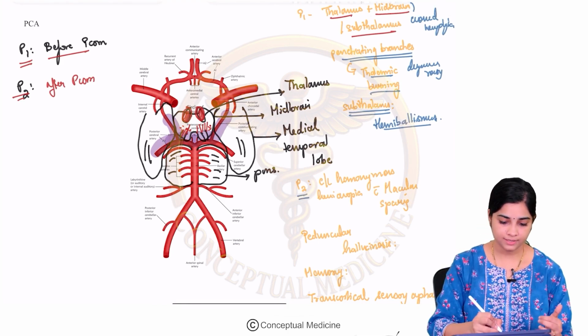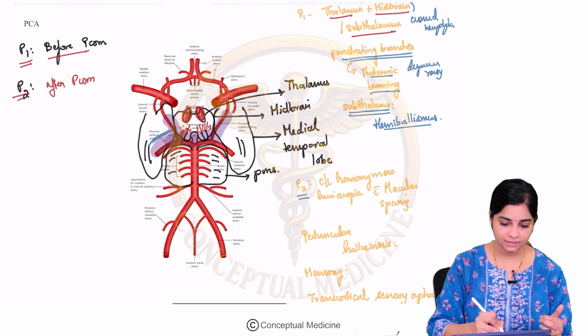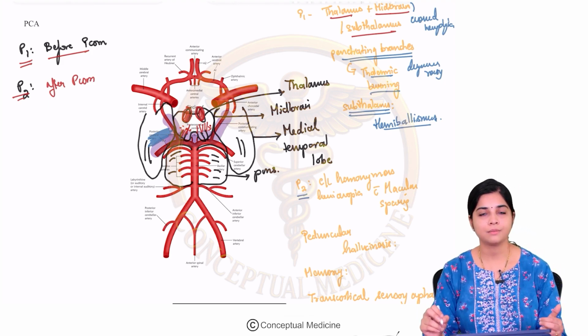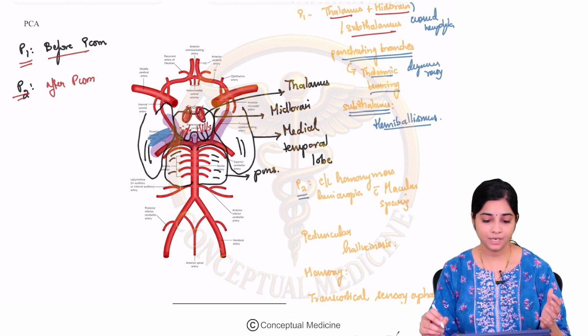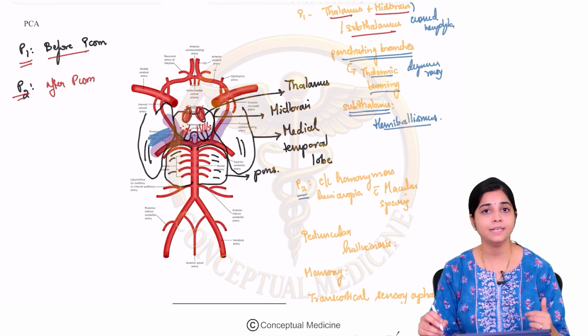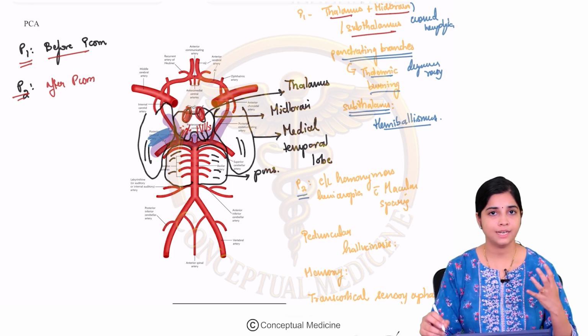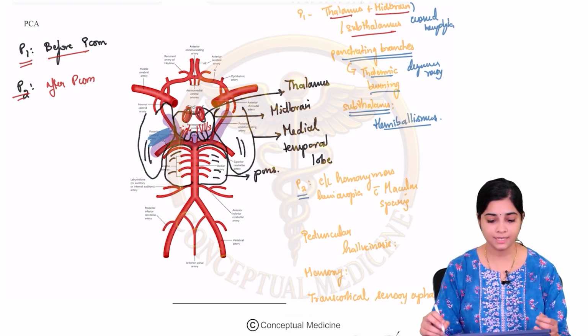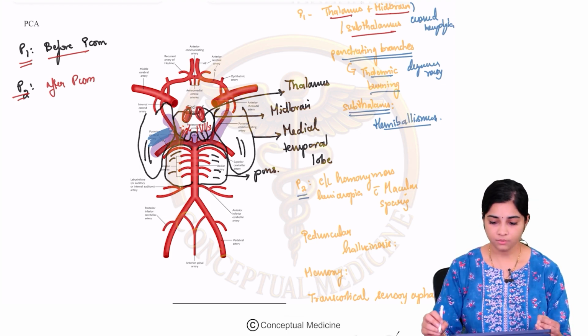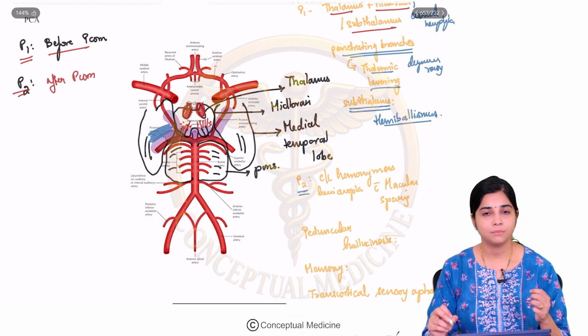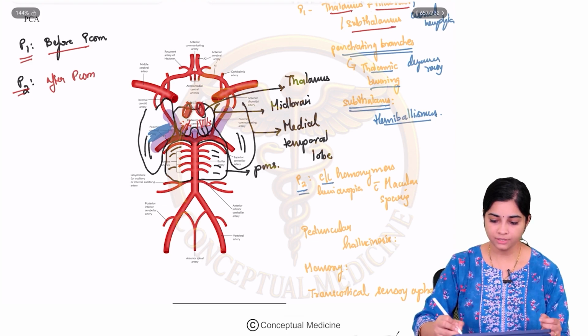P2, as you can see here, is supplying predominantly the medial part of the temporal lobe. And it supplies the areas including the posterior part of the optic radiations and the occipital cortex. Okay. So what are the symptoms of P2? P2 can cause a contralateral homonymous hemianopia.